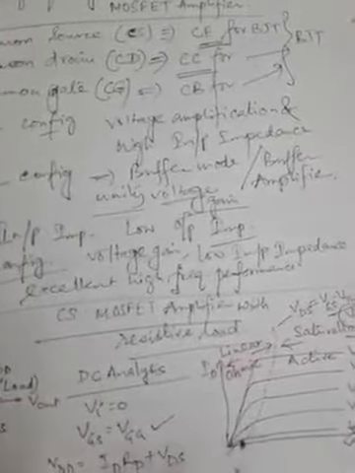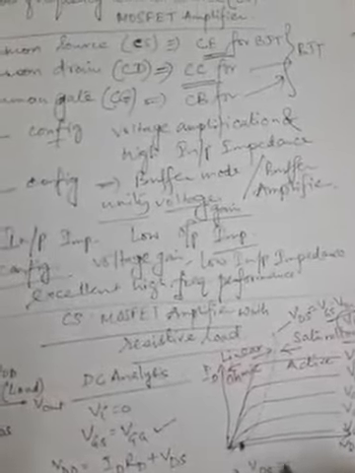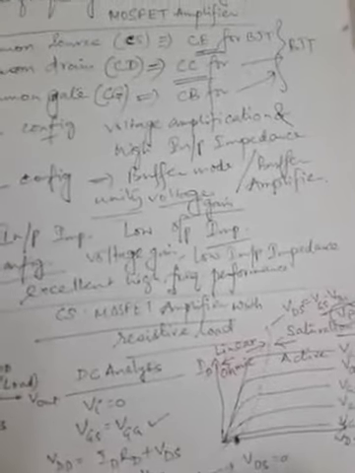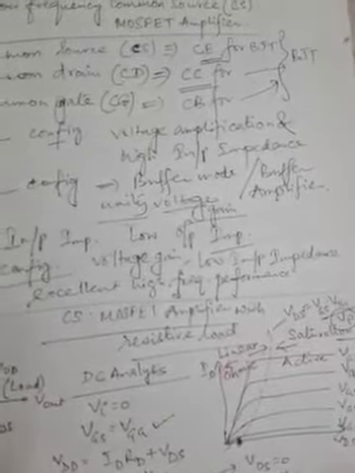What does it mean? ID should come as VDD by RD. So mark this, when VDS equal to 0, suppose this point, and the value of this point is VDD by RD.